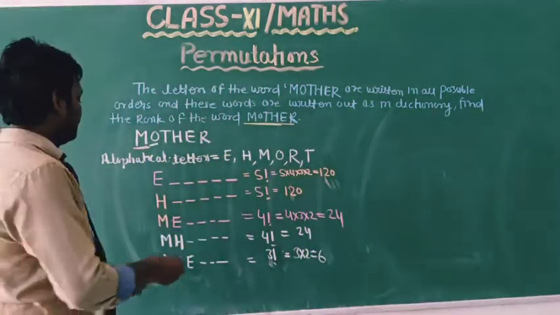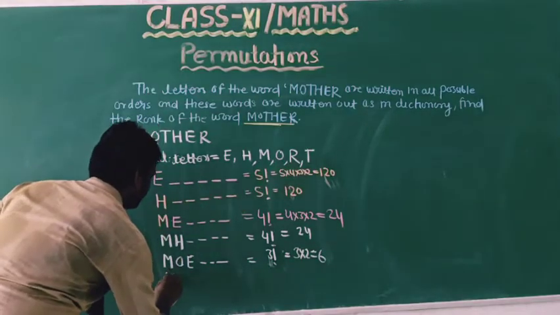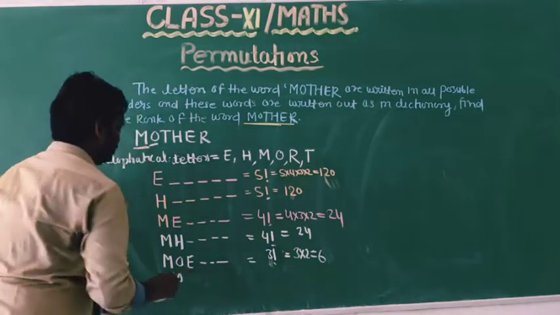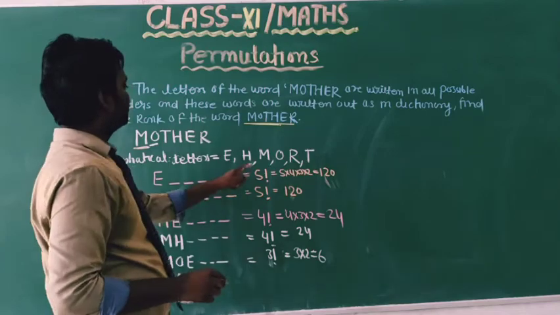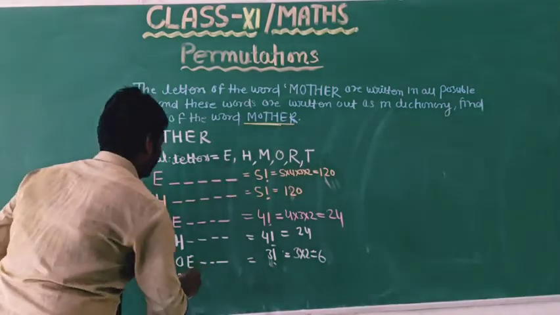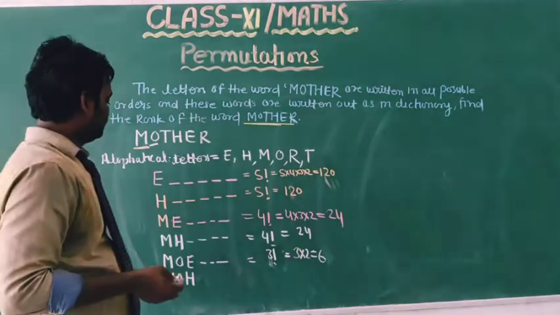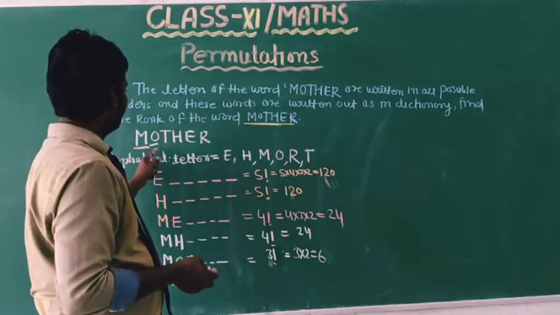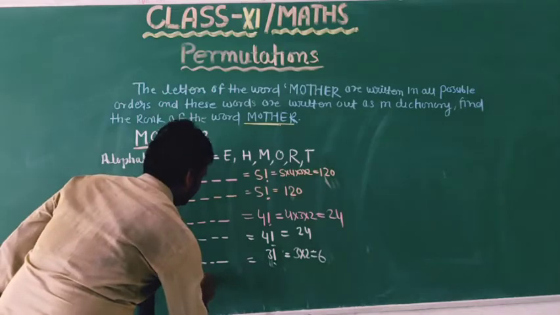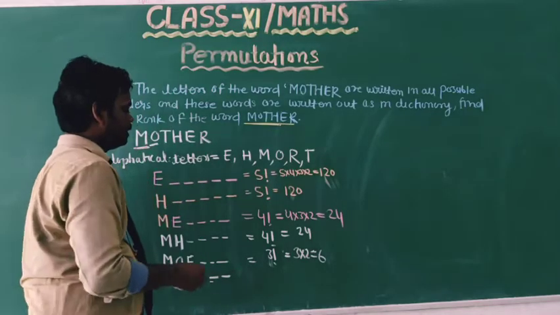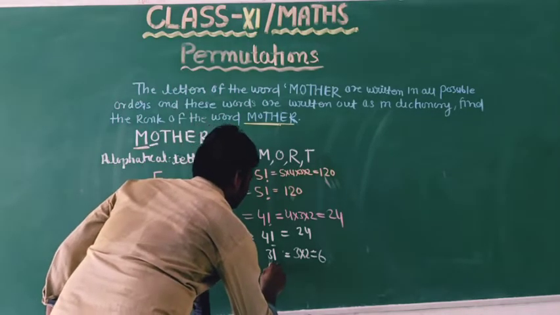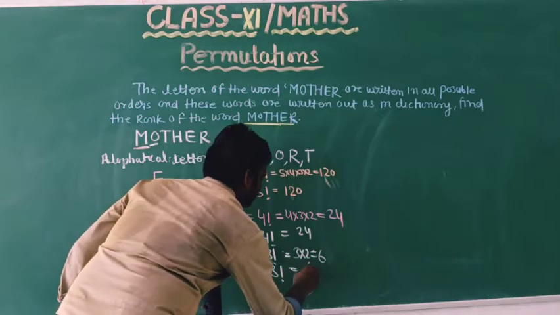And again M O, after E comes H, and we have 3 remaining letters, so they are arranged again in 3 factorial ways, which is equal to 6.